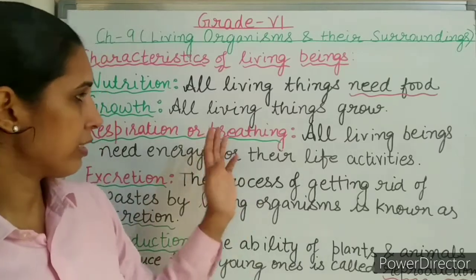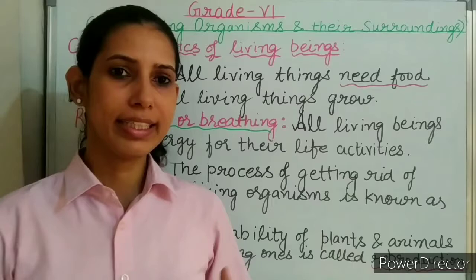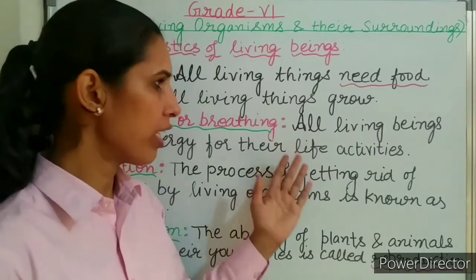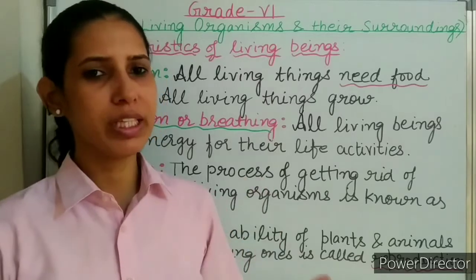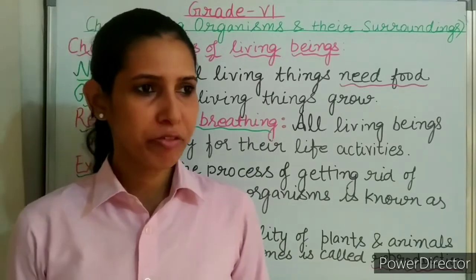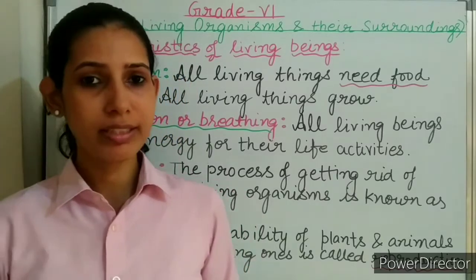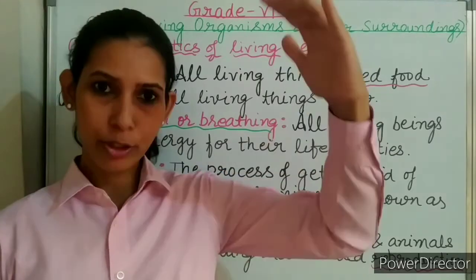So growth in a living being is irreversible. Non-living things do not grow. As I gave you the example of this whiteboard and the marker, they will remain as they are even if you see them after a few months or after 1 year. But there are some non-living things that can grow, for example a building. The height of a building can grow.